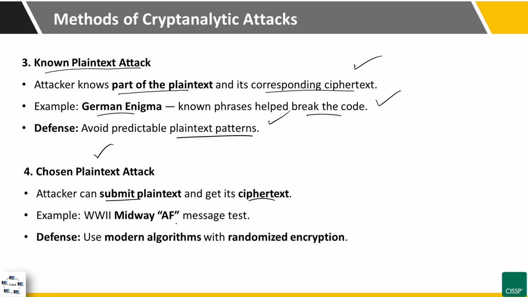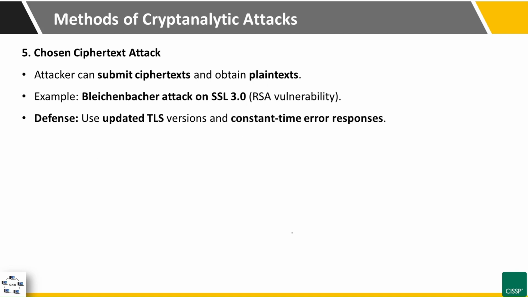It was then received by the German forces and sent through their Enigma machine in encrypted form. So when the encrypted message was received, the ciphertext for AF was revealed, and thus they were able to break the German Enigma. So defense against this is to use modern algorithms with randomized encryption.